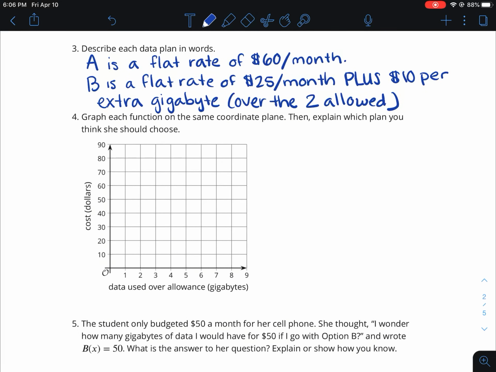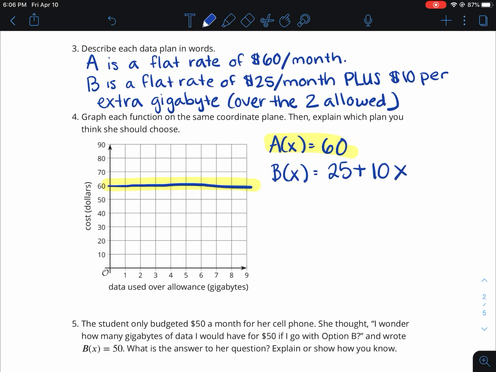So the functions here, we have A of x was our $60. It's just that flat rate of 60. So here's A of x. Then you had your B of x, which was $25 plus $10 per extra gigabyte. So that's starting here, our y-intercept is 25, and then it goes up after the first 2 gigabytes.